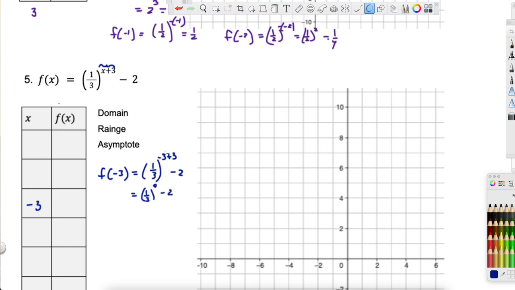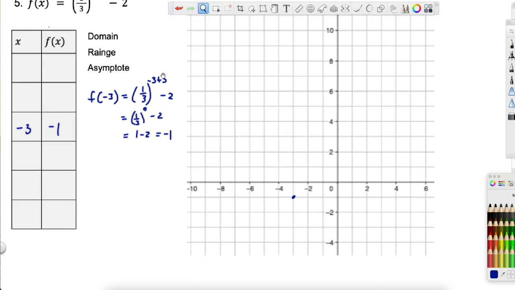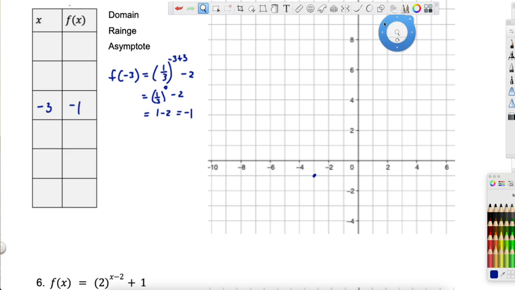That's what we get. Negative 3 plus 3 is 0. That's 1. So I end up getting 1 minus 2. This equals negative 1. So if I put negative 3 in for x, I'm at negative 1 on the y. All right, so I'm going down below the x-axis here.